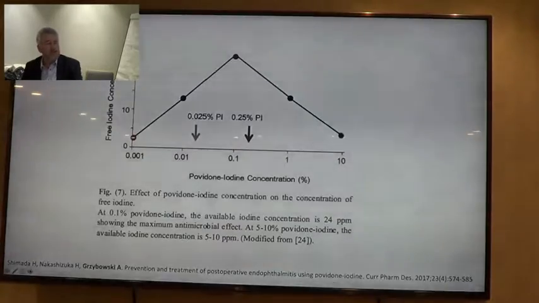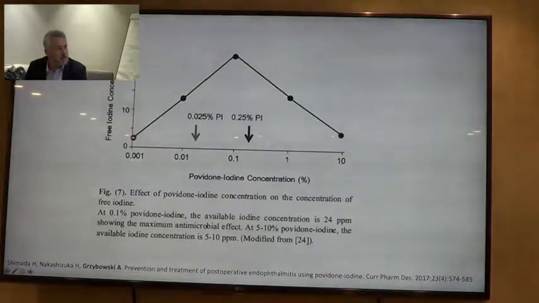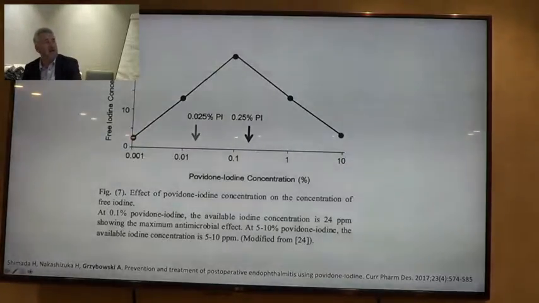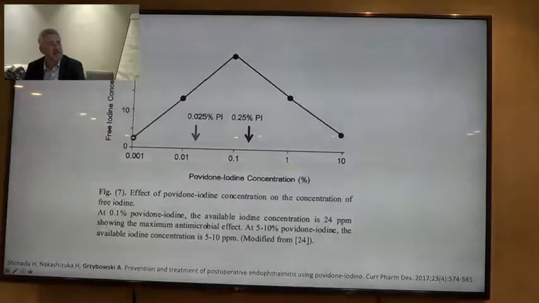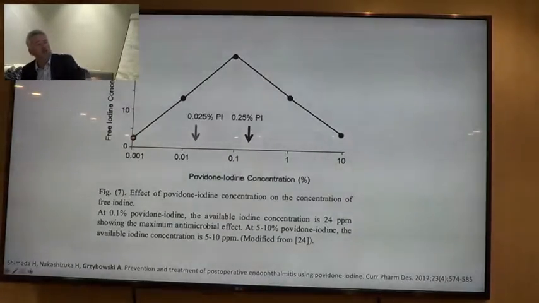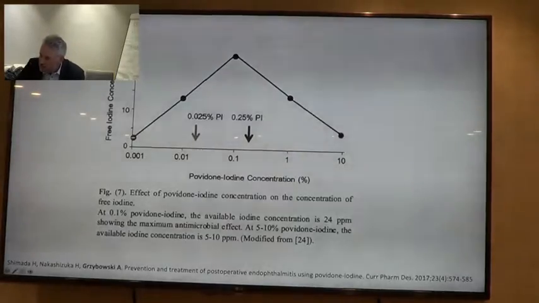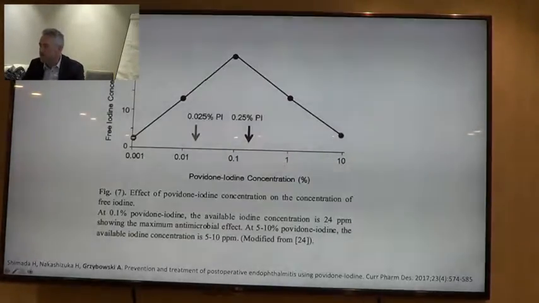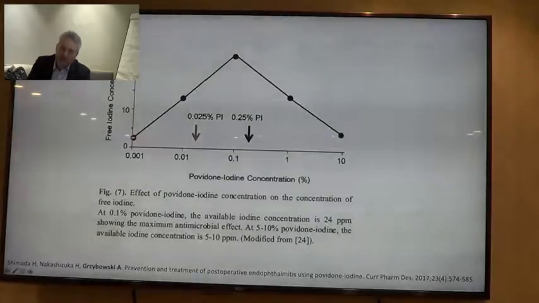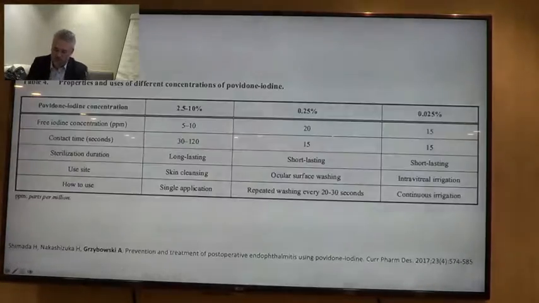The interesting topic is that the active part of povidone iodine is free iodine, and the free iodine concentration, as you see on the graph, is highest in the concentration of povidone iodine between 0.01 to 1%. So paradoxically, higher concentrations like 5 to 10% are not necessarily related to the highest free iodine concentration.